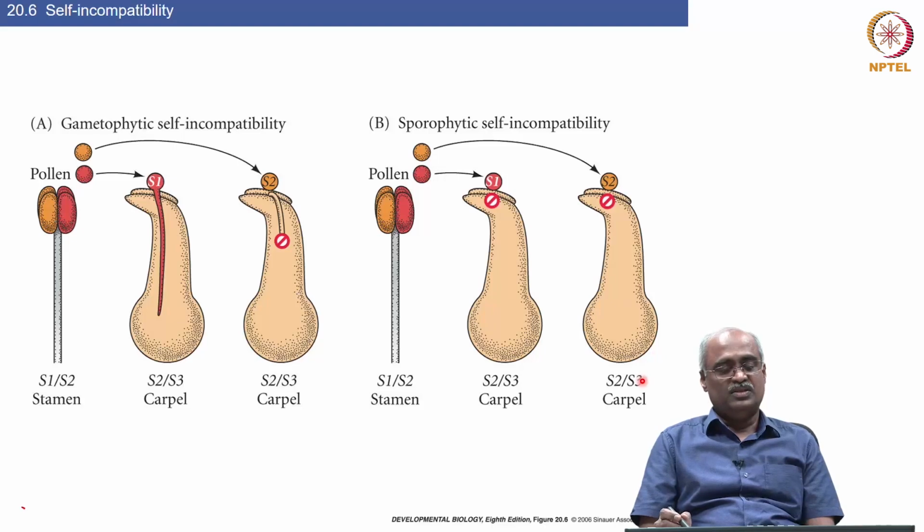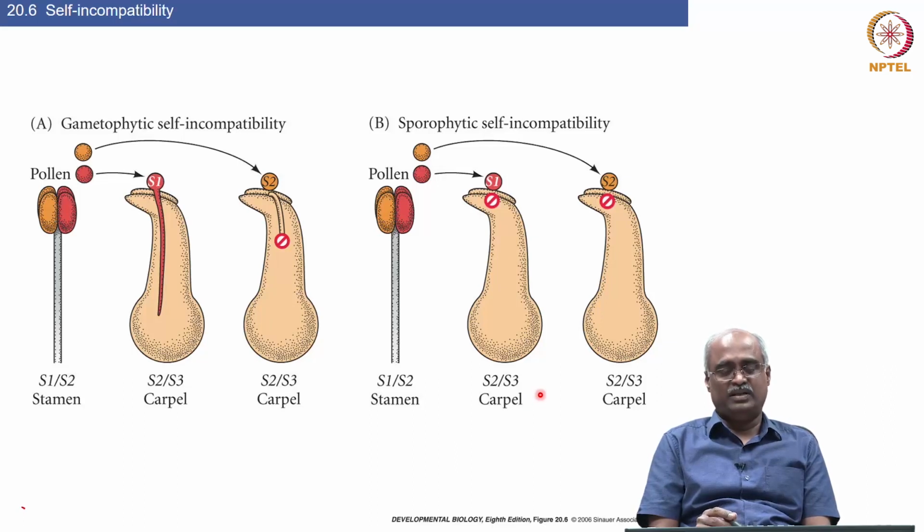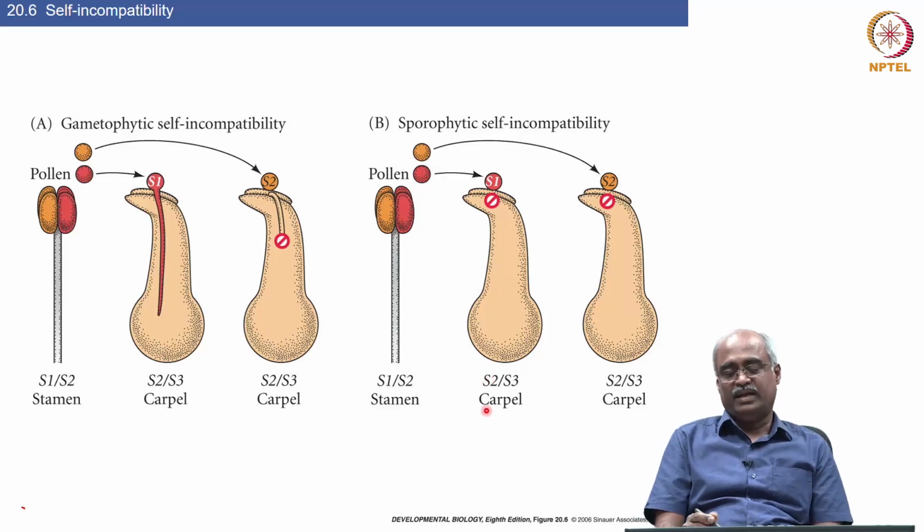So, this is the difference between the two intraspecific self-incompatibility types: where you can't have a match between the gametes' alleles, it is gametophytic self-incompatibility, and where you can't have a match even with the two sporophytes producing the two gametes, that is sporophytic incompatibility. So, now let us look mechanistically, in a biochemical sense, at how these things work.